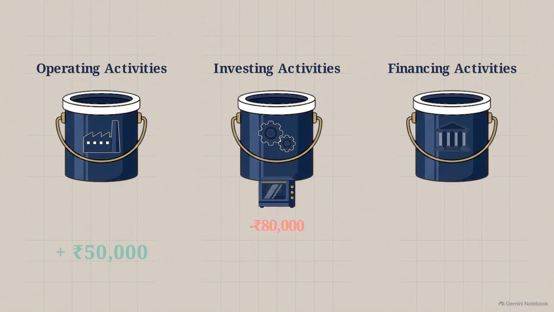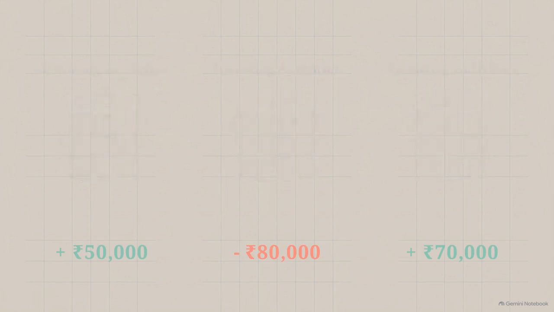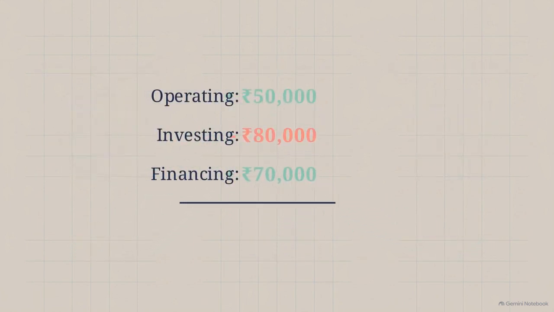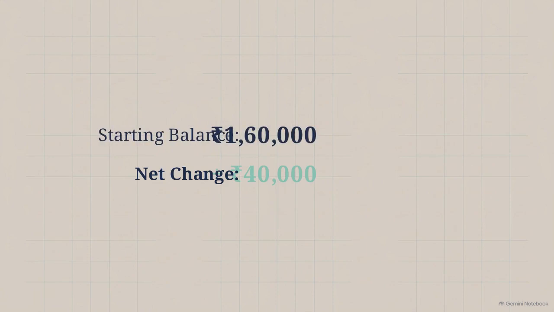Moving down to the investing bucket, the bakery bought a new industrial oven this year. That means 80,000 rupees in real cash exited the business. Finally, the financing bucket. The owner took out a new top-up loan and paid off part of an older one, resulting in a net cash influx of 70,000 rupees. When we consolidate the changes from all three operational buckets, we reveal the total net cash change for the year, a positive 40,000 rupees.